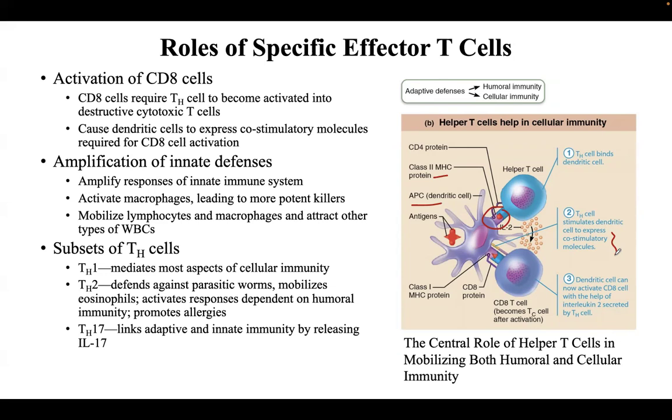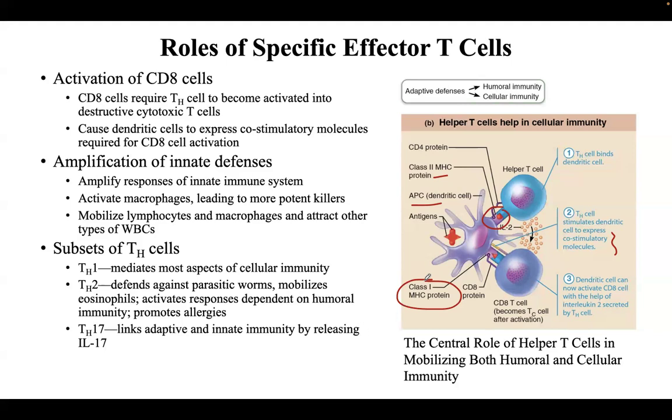Because the dendritic cell can also have an MHC1 protein. One dendritic cell can have multiple MHC protein carriers. On one hand it is attaching to the helper cell, and when it does, it is producing co-stimulatory molecules. After that, the other receptor, the class 1 MHC protein, is presented with another antigen. Because these co-stimulatory molecules are produced, this whole thing is happening.